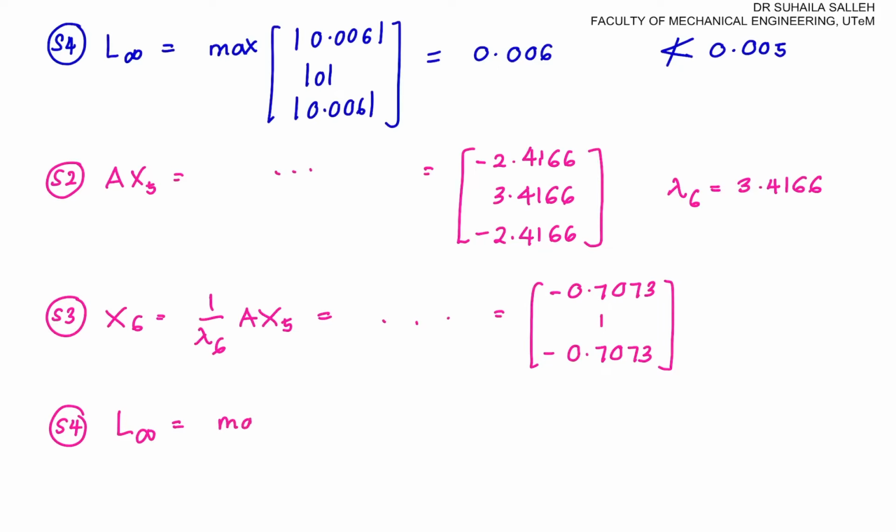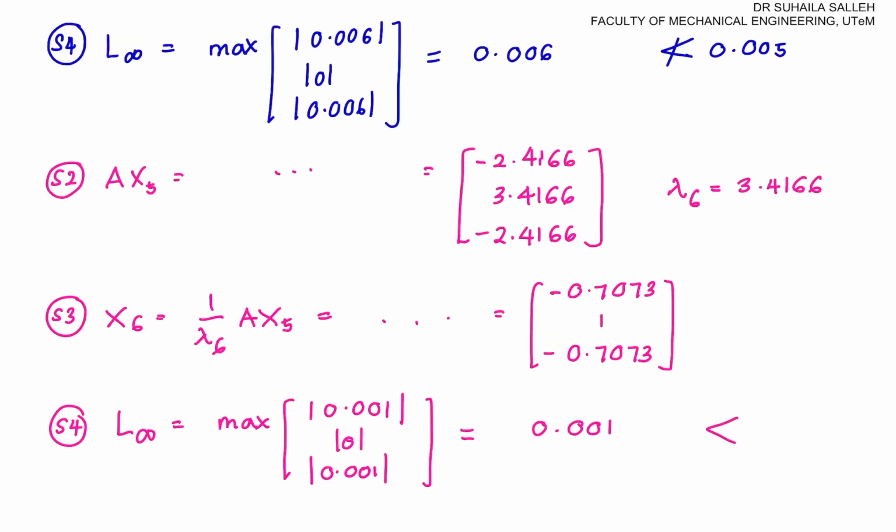Okay, so our step 4, our convergence criteria, L infinity, that is the maximum value for absolute of 0.001, 0 and 0.001, absolute value, right? So that is equal to 0.001.